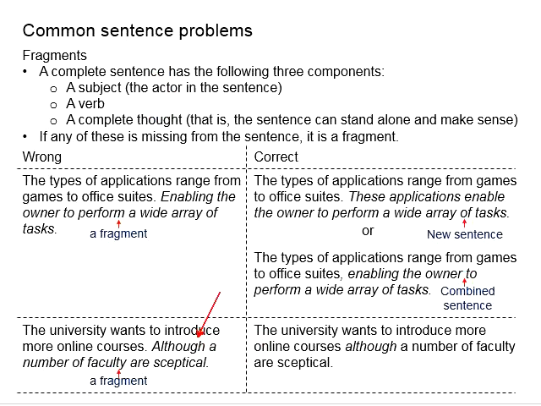To rectify this, the sentence can be written as: the university wants to introduce more online courses, although a number of faculties are skeptical. When the entire sentence is combined, there is a complete thought, and you know that this sentence is now standalone, and the information given makes sense.